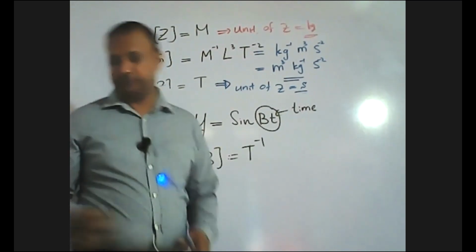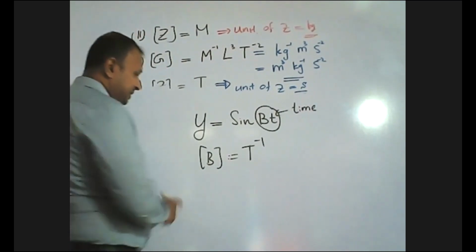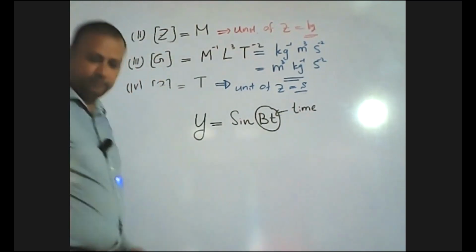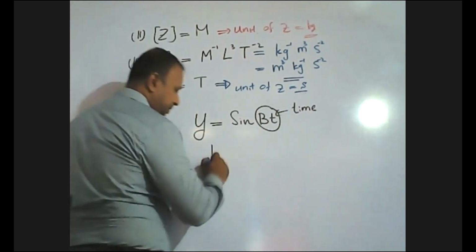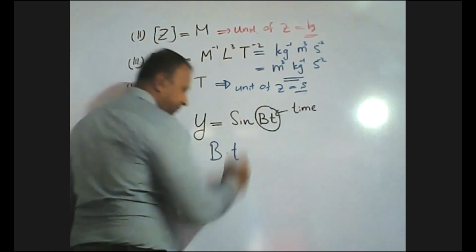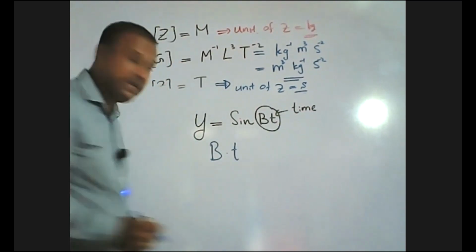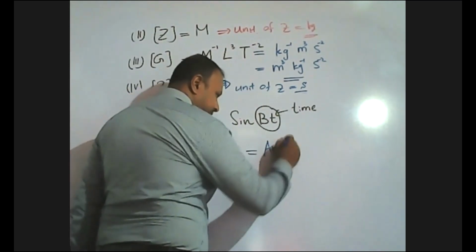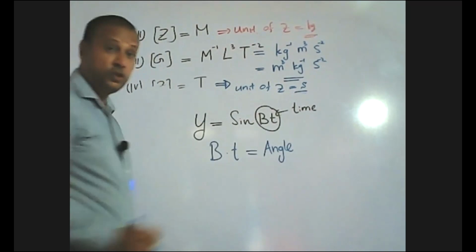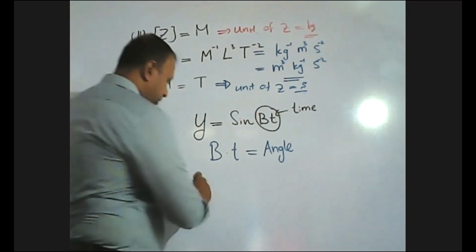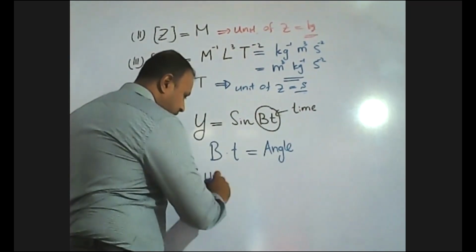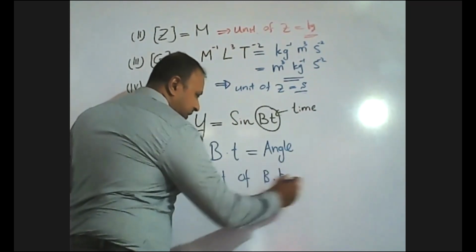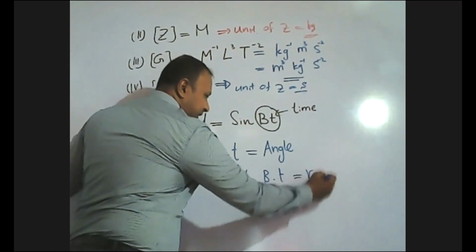Okay. So in this case, we know B into T is an angle. So the unit of B into T is equal to radian.